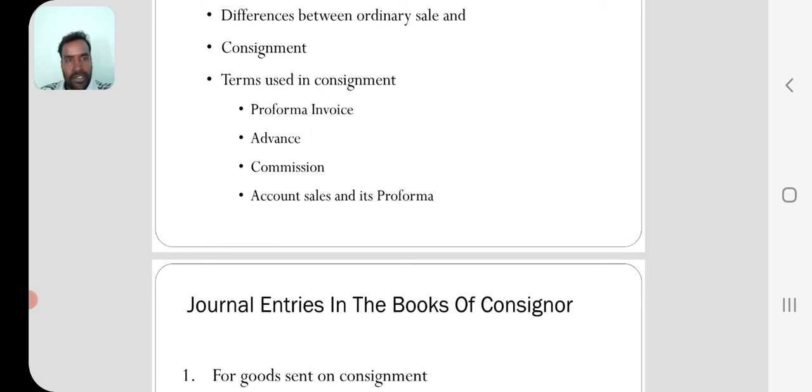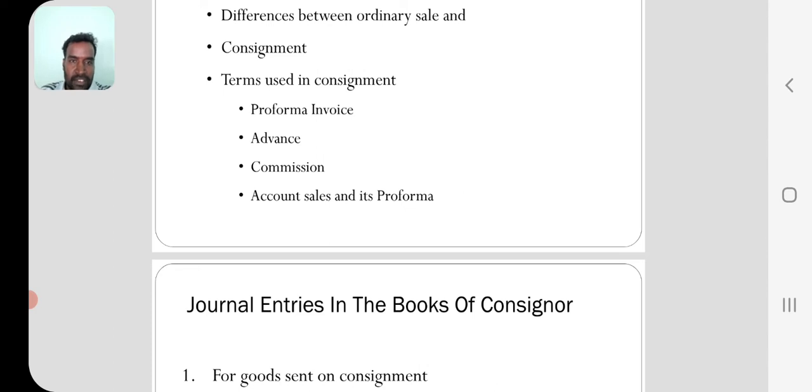The process of transferring the goods from consignor to consignee is called goods sent on consignment account. The consignee is responsible only for selling the goods.